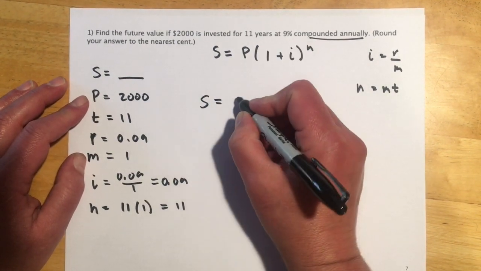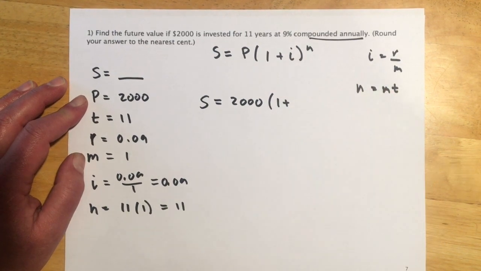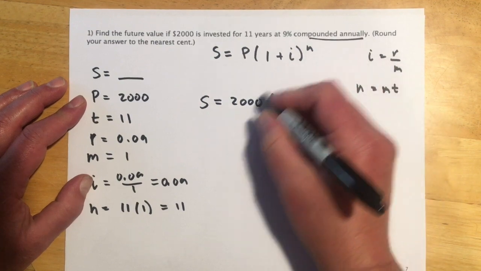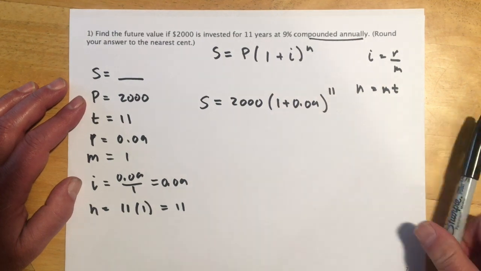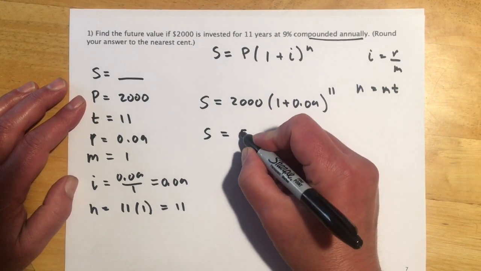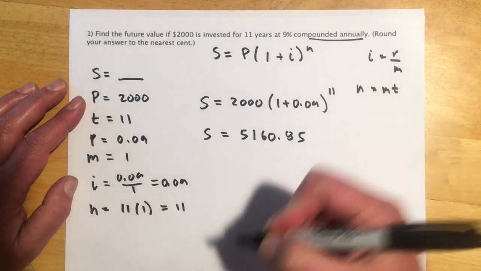So we just do S equals 2,000 times (1 plus I, so that's 0.09) to the N, which is 11. And then we throw all that in the calculator, and if all goes well, it should come out S equals 5160.85, or at least that's what I got when I did it.